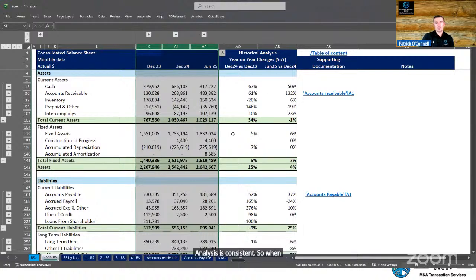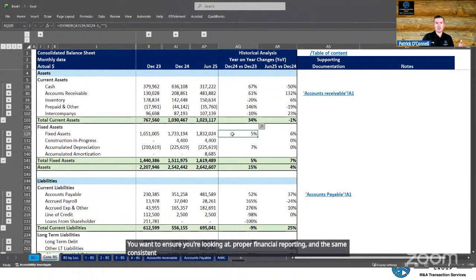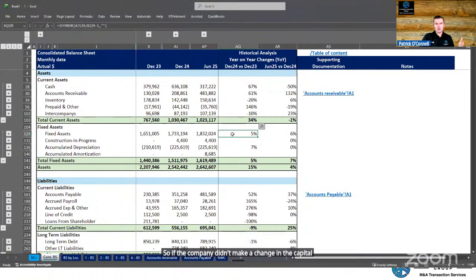So when things like this change, this is what I refer to as a quality of earnings adjustment. You want to ensure you're looking at proper financial reporting and the same consistent financial reporting each period. So if the company didn't make a change in the capitalization policy, there would be no material impact to the financial statements. But because the company elected to capitalize and not record this $50,000 amount as an expense, the earnings of the business looked higher than what it should have been.